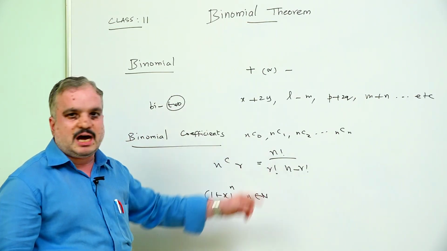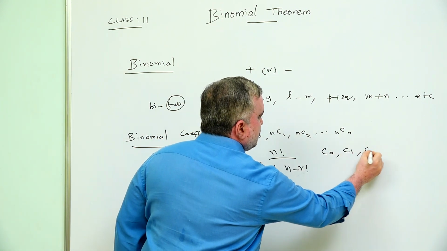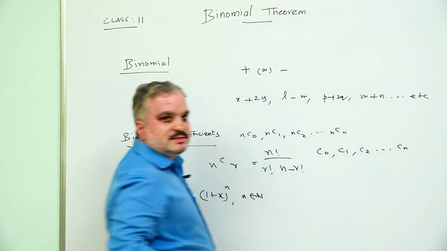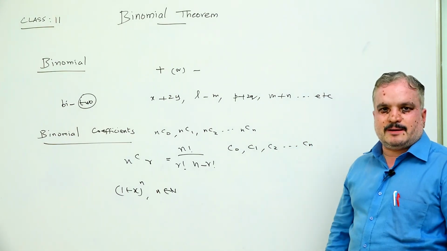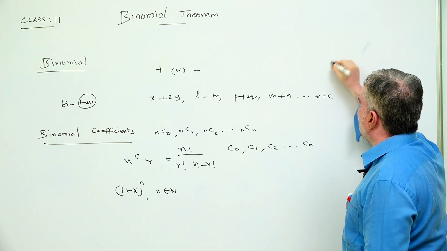These coefficients are briefly written as C0, C1, C2, etc., Cn. By actual multiplication, we can obtain the expansion of a plus b whole power n.